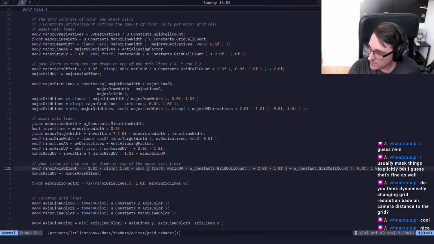Jesus, too many spaces, right? So it's clamp of 1 minus the absolute of the fraction of those two times 2 minus 1f, that's the absolute.